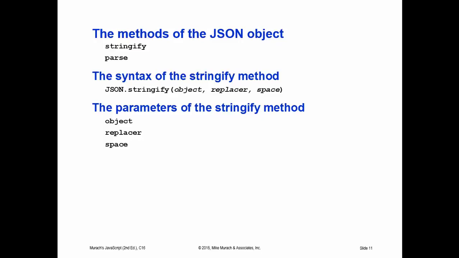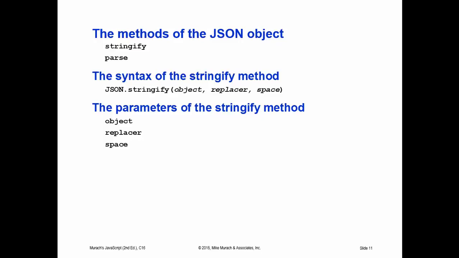So the stringify method converts the JavaScript object that's passed to it into a string. By default, it adds double quotes to the key names, converts single quotes to double quotes, and converts date objects to strings that represent dates in universal time. If the method finds unsupported items like function definitions or undefined values, it drops them. If they're in an array, it converts them to null.